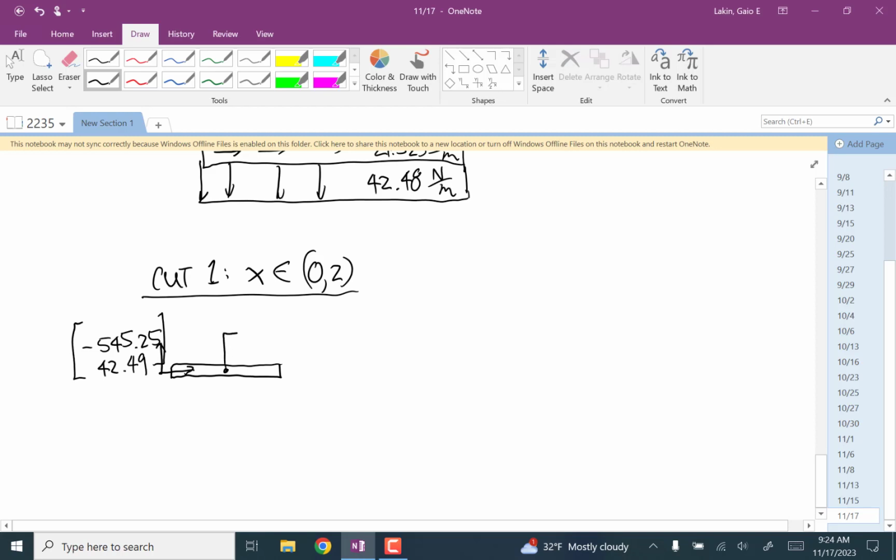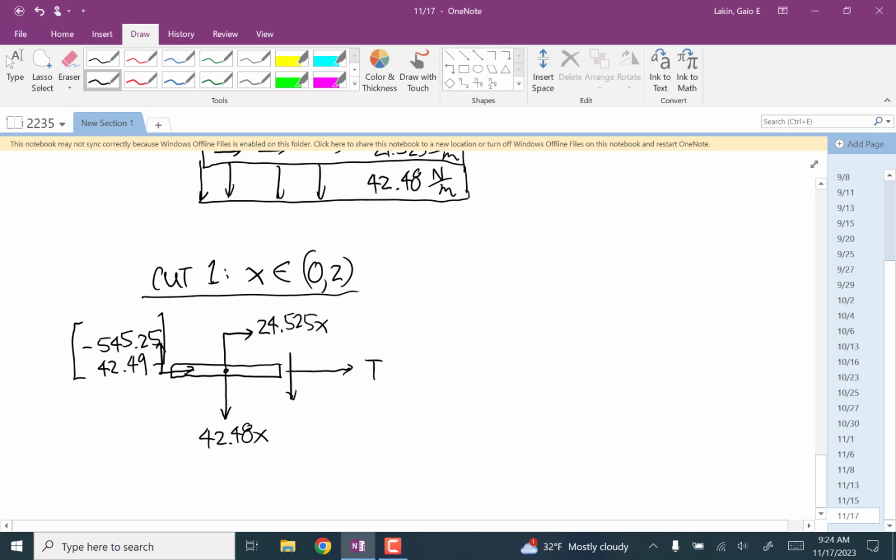The horizontal distributed load produces a force of 24.525 times x. And the vertical one is a downward force of 42.48x. Those are both at the midpoint, so x over 2 from the end.